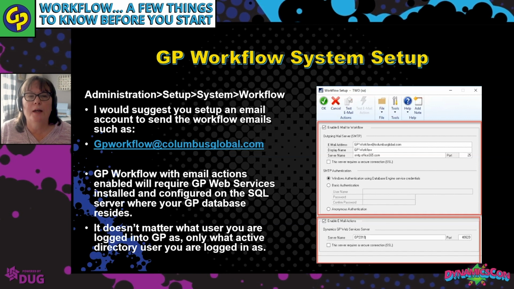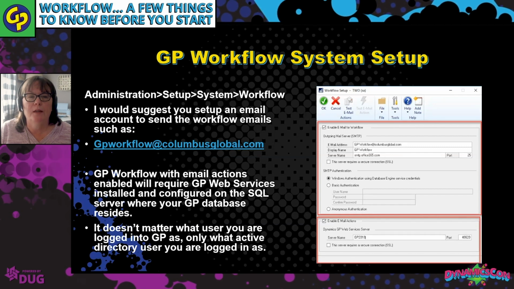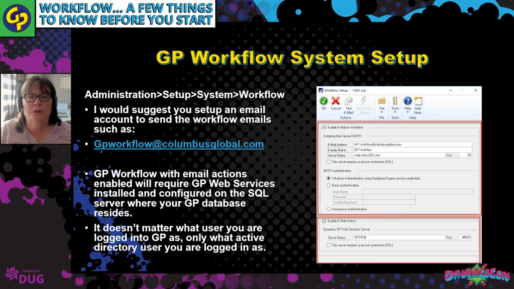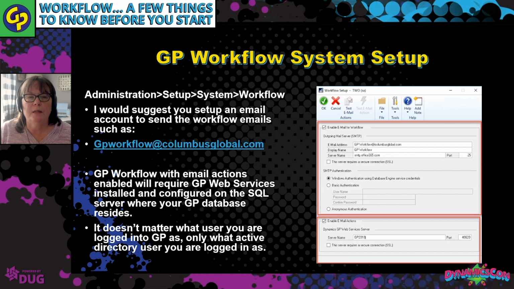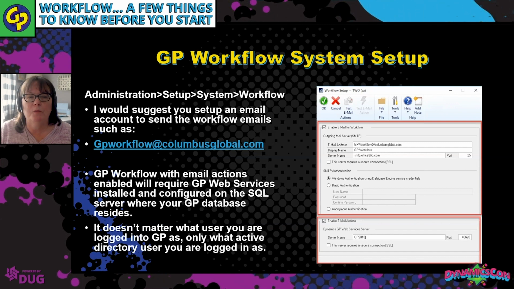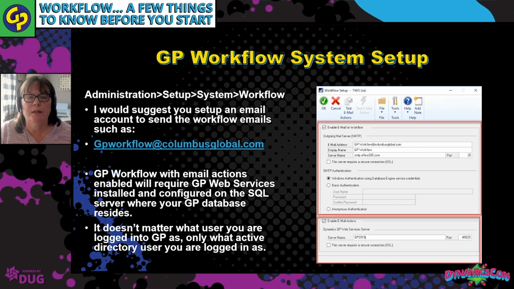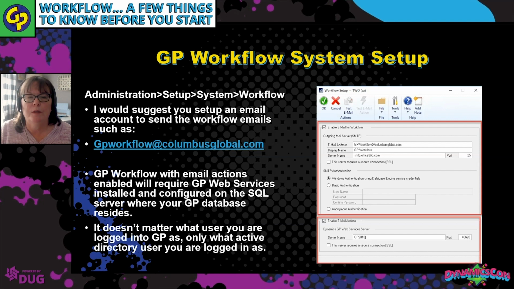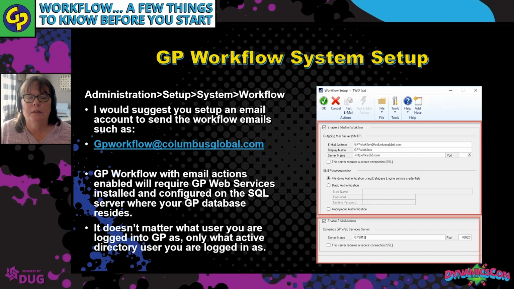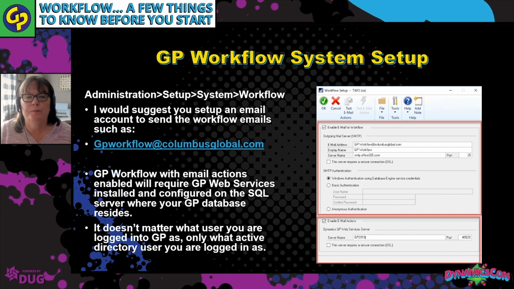You can define the email address in Active Directory and then assign that to this option here where it has email address. The display name would be, of course, like GP Workflow or something that would indicate to the approver when they receive the email that the email is from the workflow.